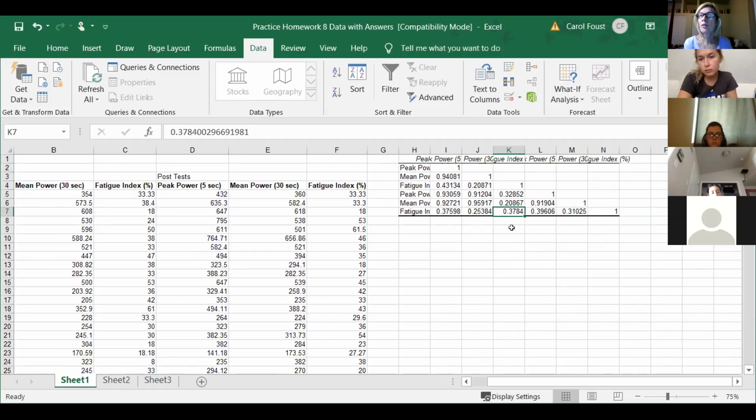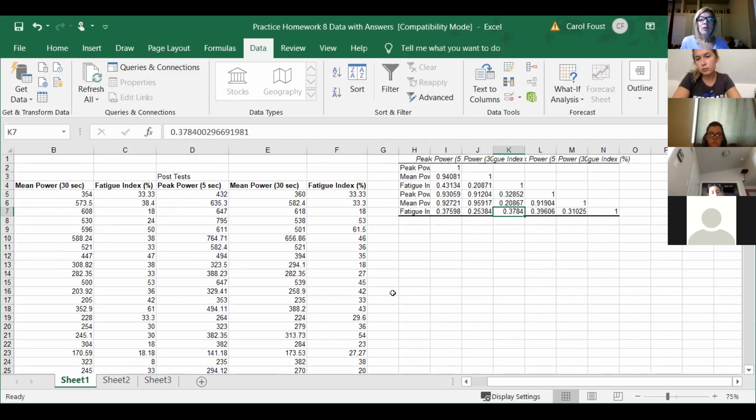Even though there wasn't a significant difference, I would have some question about the reliability of the fatigue index because the correlation was so low. We would want to see that above 0.7, 0.8. So in my report, I would definitely say, even though there was no statistical difference between the time 1 and time 2 measures, I'm questioning the reliability based on the correlation.